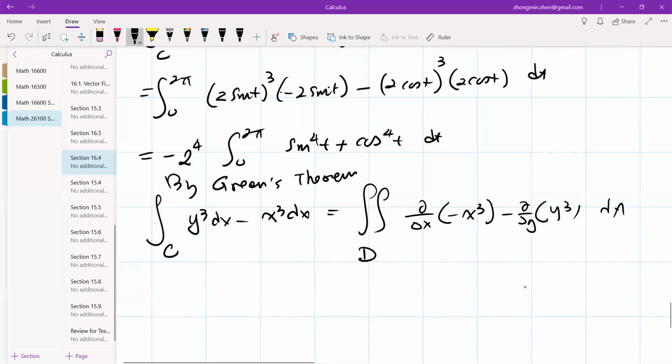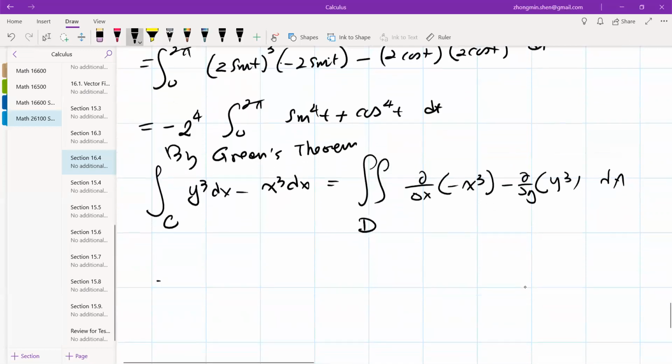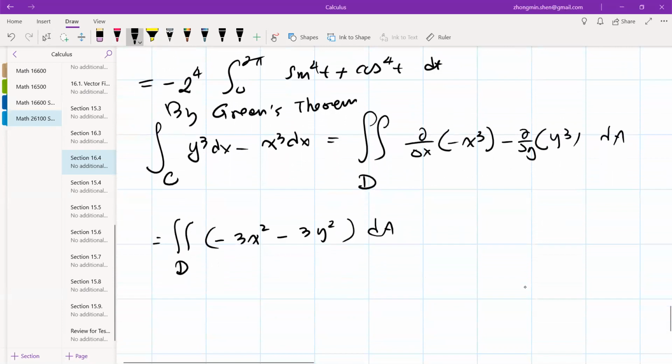Okay, so after you simplify, you get negative 3x squared, negative 3y squared, dA.